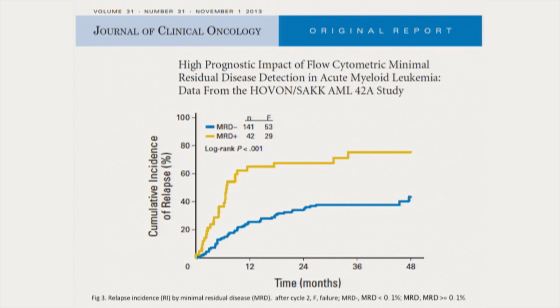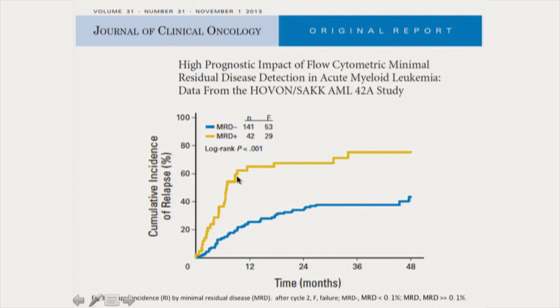And this is not the only study demonstrating this phenomenon. I'll just take examples. Here's a study from the Dutch, Belgium, and Austria research group. They demonstrate a similar finding.